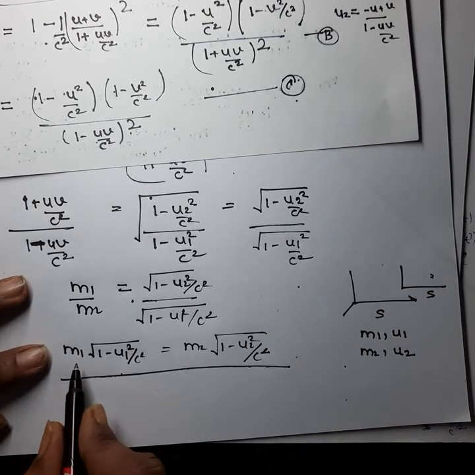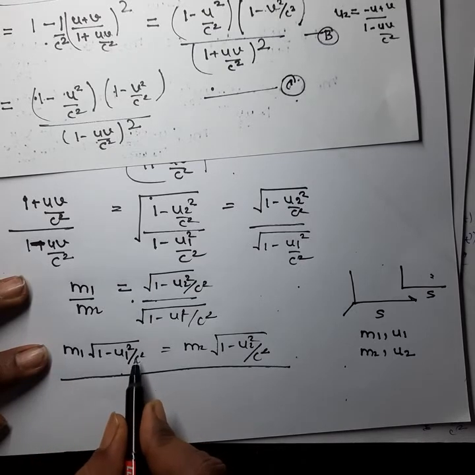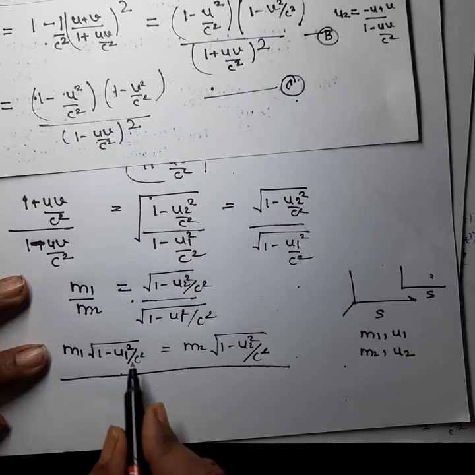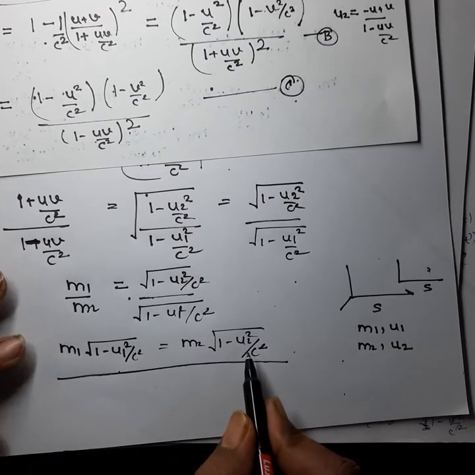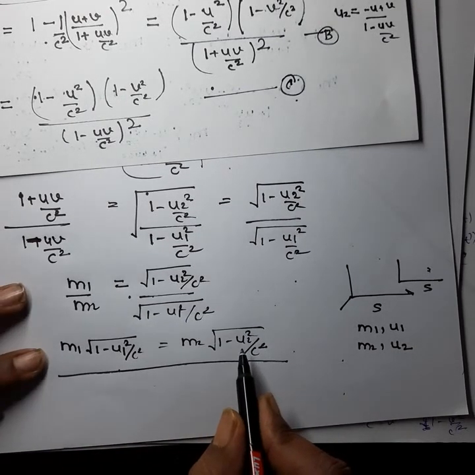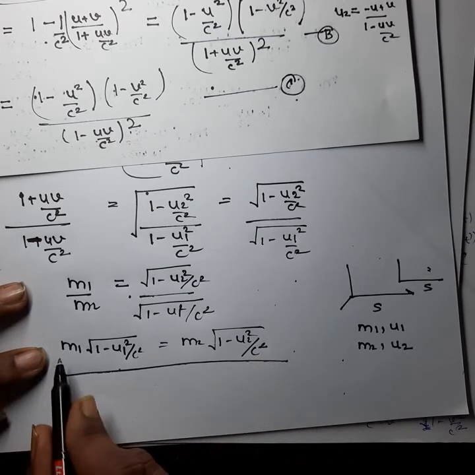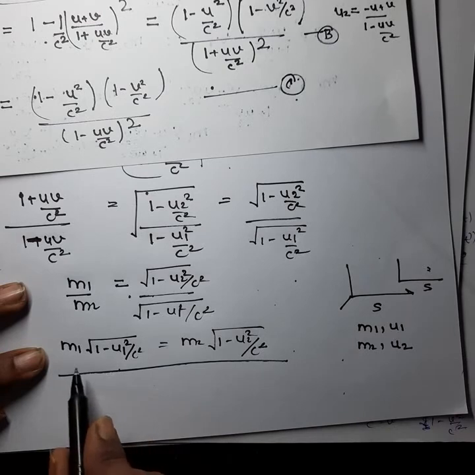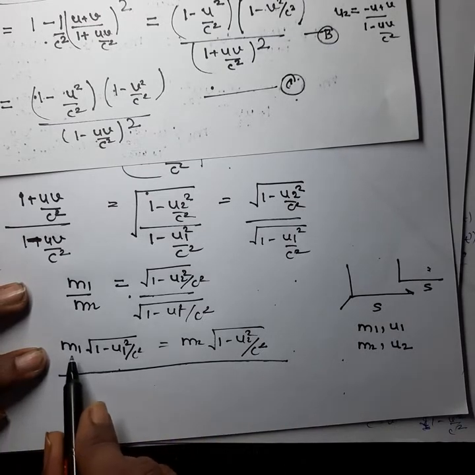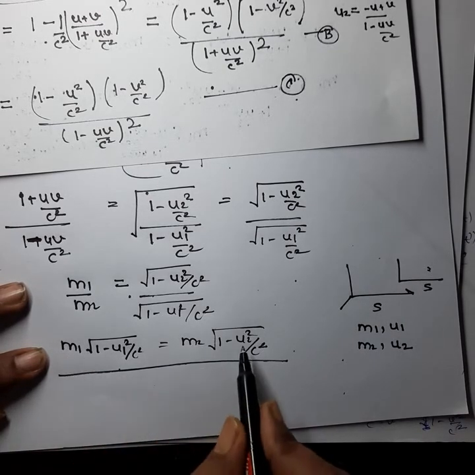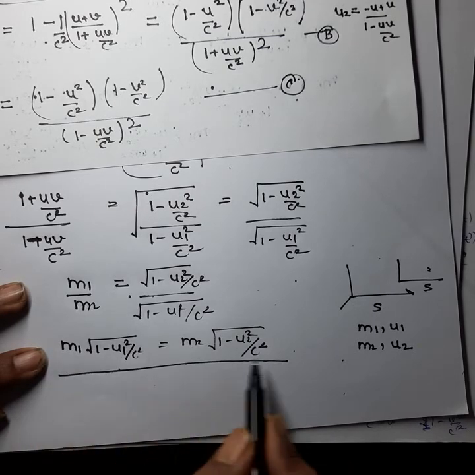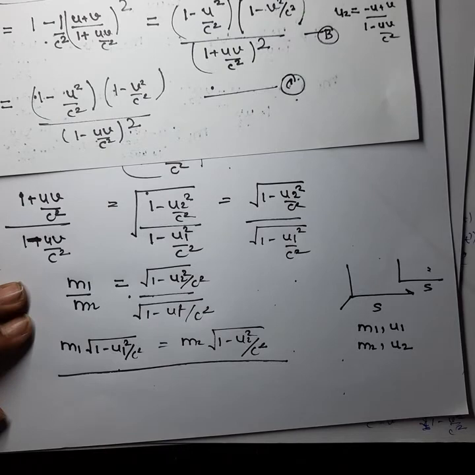So m1 multiplied by this term is equal to m2 multiplied by this term, where u1 and u2 are the corresponding velocities of the given masses in S frame of reference. Means u1 is the velocity of m1 and u2 is the velocity of m2. So this multiplication is constant.